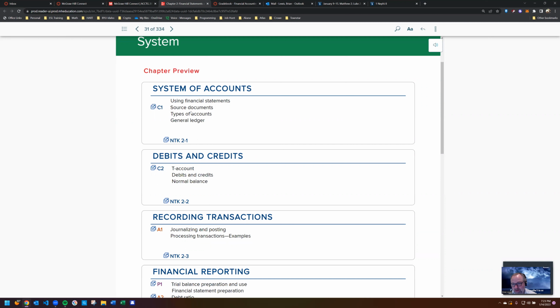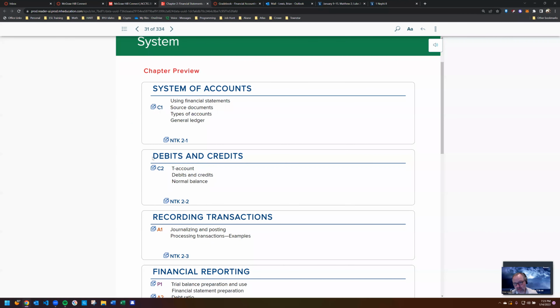General ledger, types of accounts, your source documents. This is going to be critical for you really to understand, because before you're just talking about values, general placement of those accounts in a set of financial statements, the balance sheet, statement of retained earnings, and cash flow statement, as well as the income statement, right?